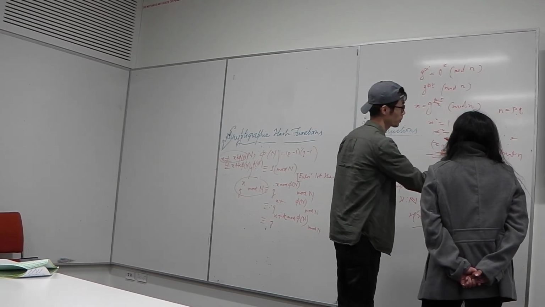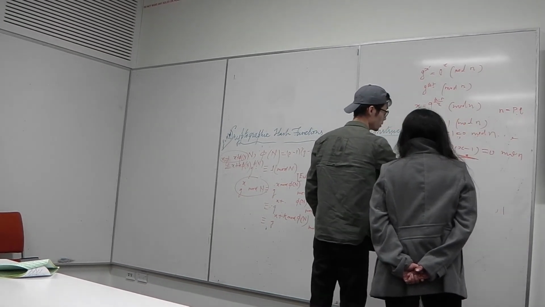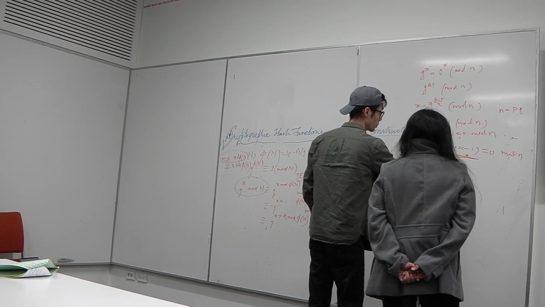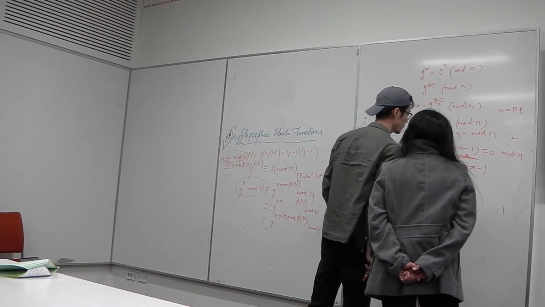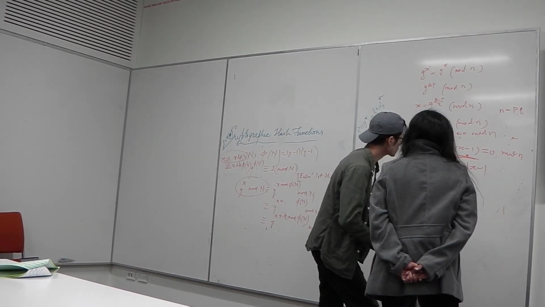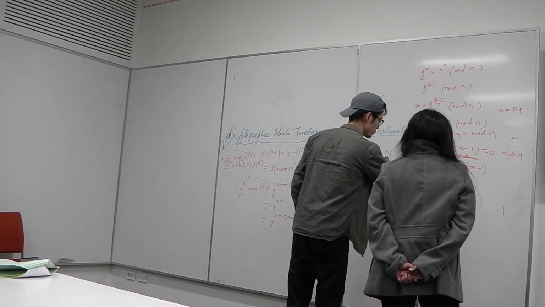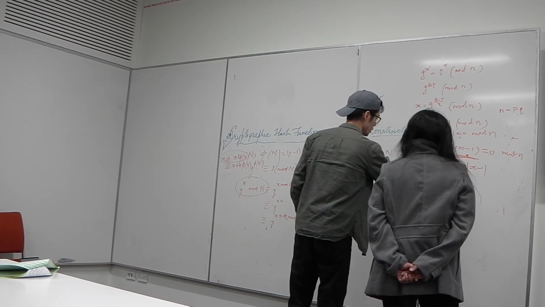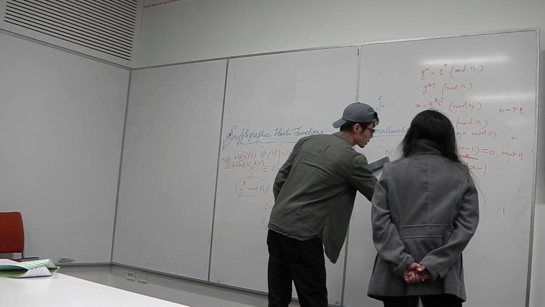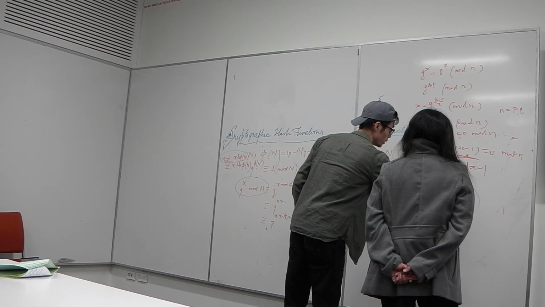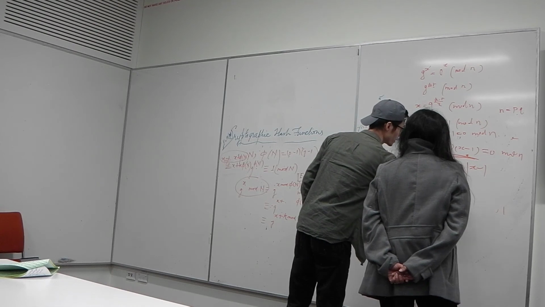And then the only possibility is that one of them divides one of them, and the other divides the other one. So suppose without loss of generality, p divides this one, and q divides this one, right? Then it's very clear that the GCD of x plus 1 and n will give you p, and the GCD of x minus 1 and n will give you q.